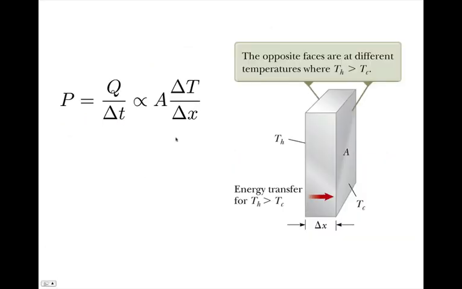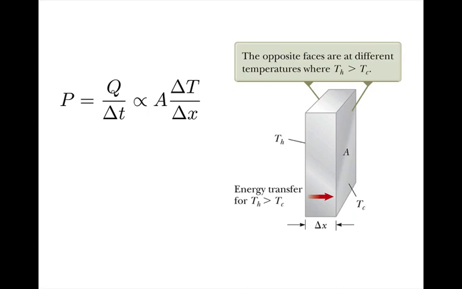Let's have a think about how heat flow would work. The amount of heat transfer is going to be a power because it's the energy transferred per unit time. So we can write P is equal to Q, the heat transferred, over delta t, where this is the time. Now, if we consider having a slab of a substance with a very large surface area, we'd expect more heat to be transferred. So it's proportional to the surface area.